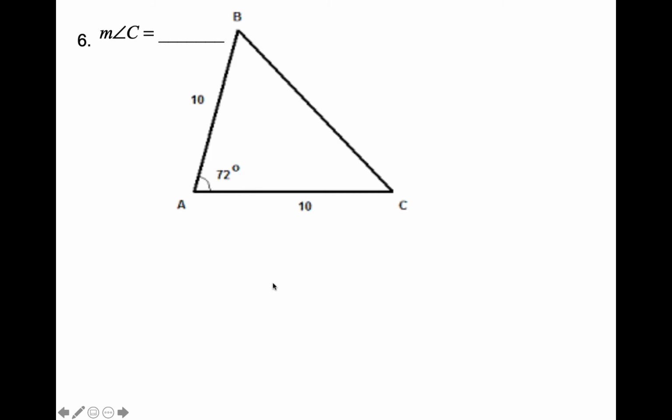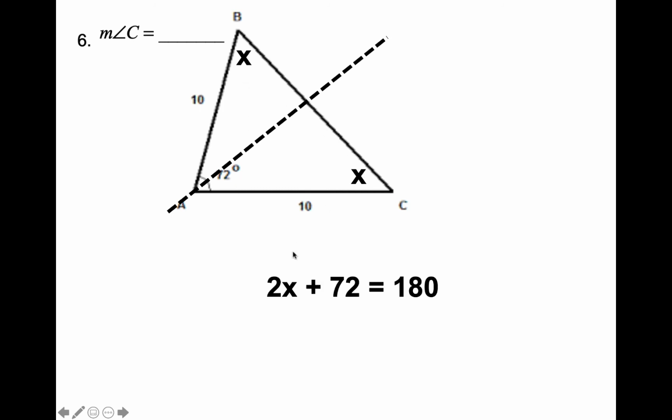For number 6, notice the 10 and the 10. These two sides are equal. So the line of symmetry is going to go through that vertex angle. So notice these two angles are equal, but I don't know what either one is. So I'm going to call each of those x. So these three angles in a triangle add to 180. So x plus x plus 72 should add up to 180.